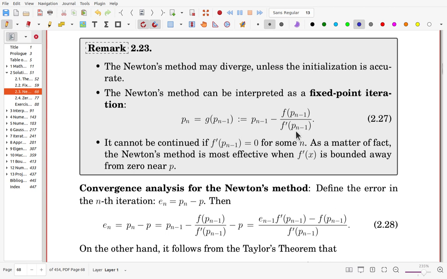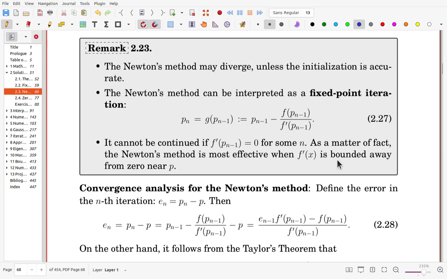And now at the bottom, we have f prime. Once this denominator is 0, then the program breaks down. So in theory, we'll assume that f prime is non-zero.